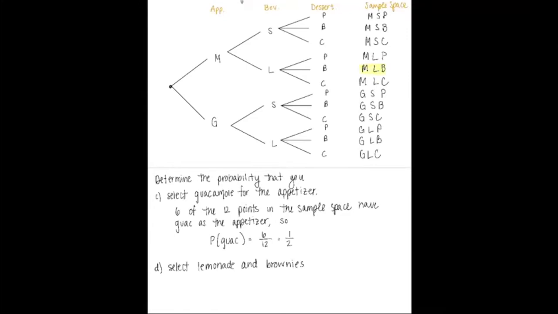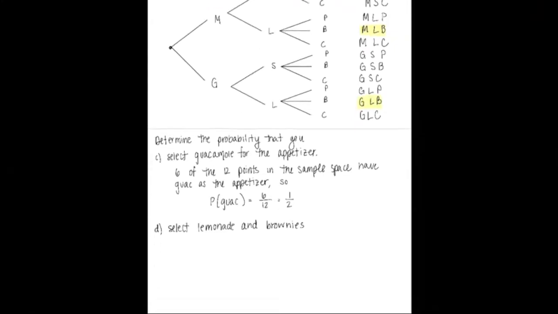But because it says select lemonade and brownies, you've got to select both of them. If it was or, then we'd be looking for at least one of the items. But since it's saying and, there are 2 places where I select both of them at the same time.